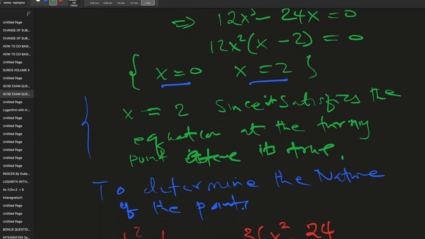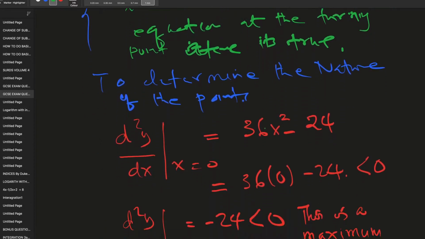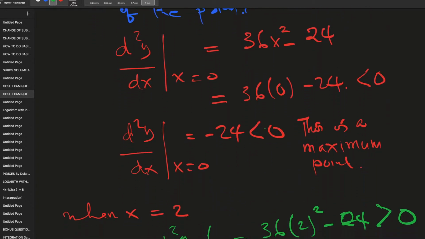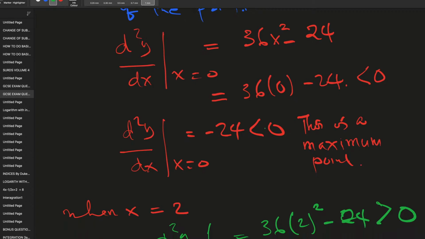We're asked to determine the nature of the point as well. So to determine the nature of the point, in our second derivative we substitute the respective values we had at the turning point to determine whether the values attained are maximum or minimum.